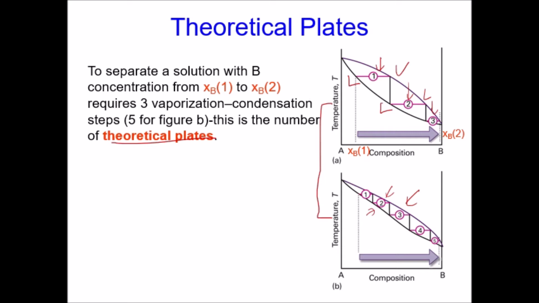And to achieve the same separation, for example, the first one you need to separate from 0.3 mole fraction to 0.98. Same thing is here, 0.3, 0.98. For the first phase diagram, we need 3 theoretical plates. And for the second one, we need 5 to achieve the same separation.